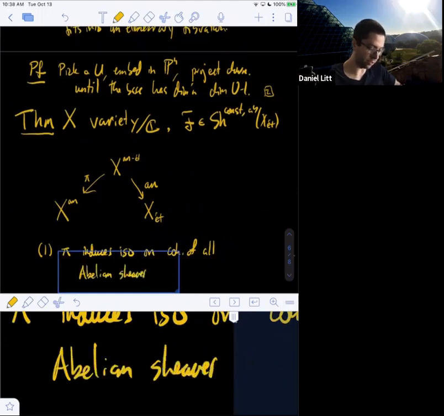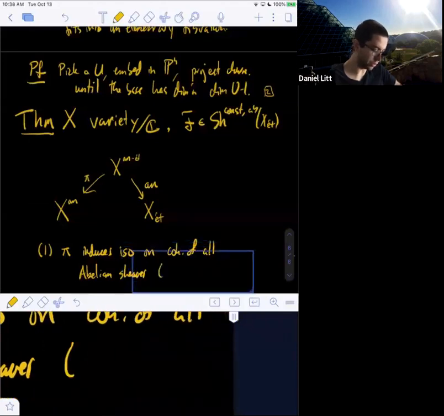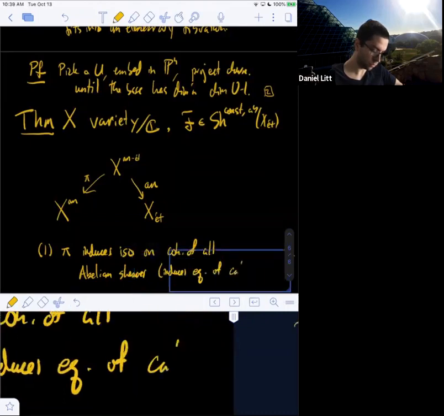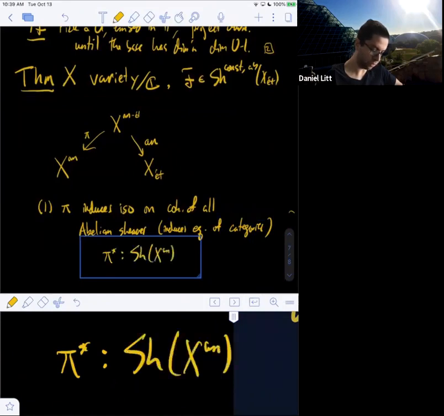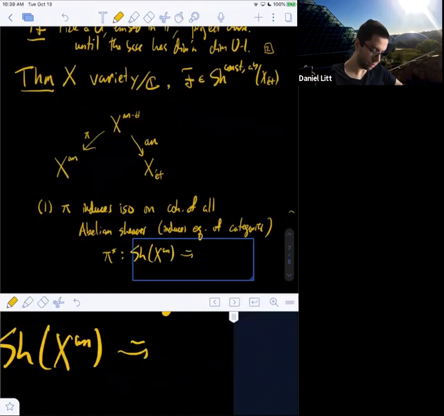So in fact, it induces an equivalence of categories of sheaves. So for example, if you pull back through pi, you get an equivalence from sheaves on Xn to sheaves on Xn Etale.